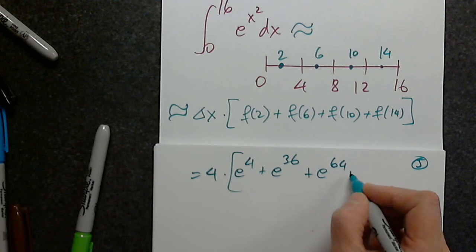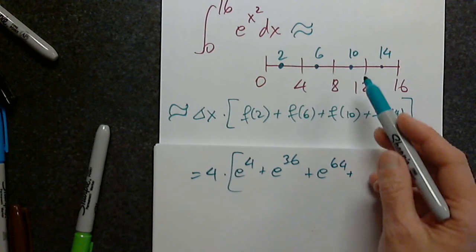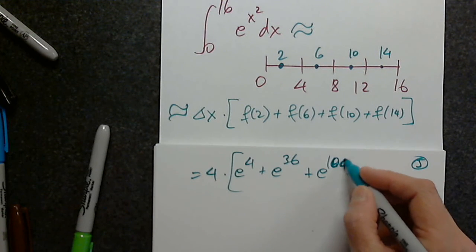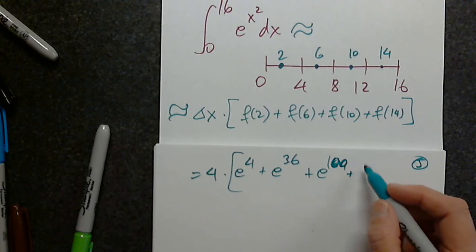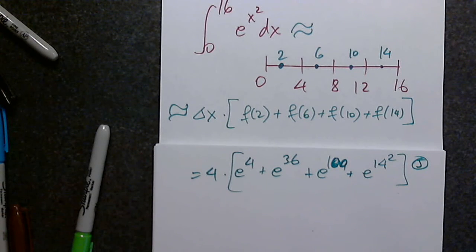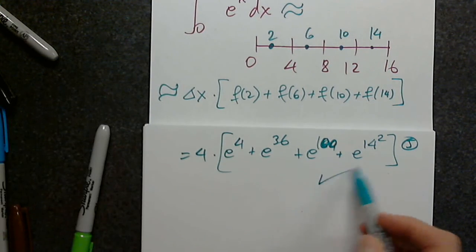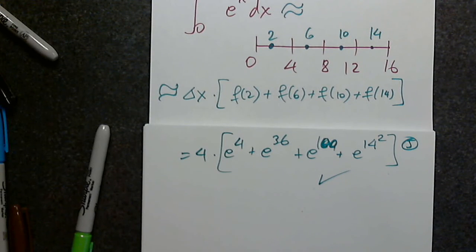E to 64 plus, 4, 36, 100, and e to the 14 squared. I am fine with this, because if you plug them in the calculator, you're going to see it's a big number.